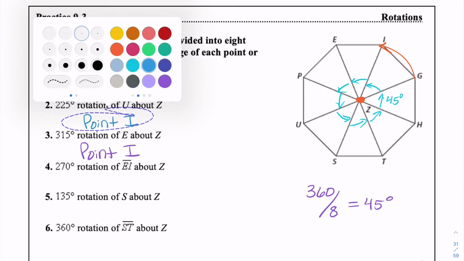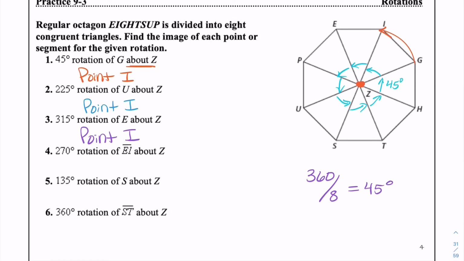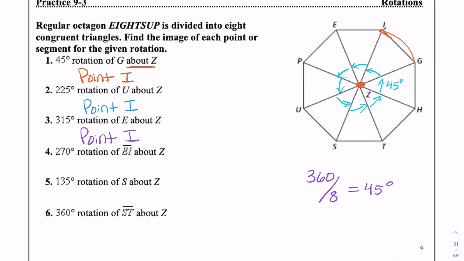Let's change this color because it's a little bit too close. Okay. 270 of EI about Z. So we're moving E and I together. So EI is this segment right here. If I move it 45, 90, 135, 180.